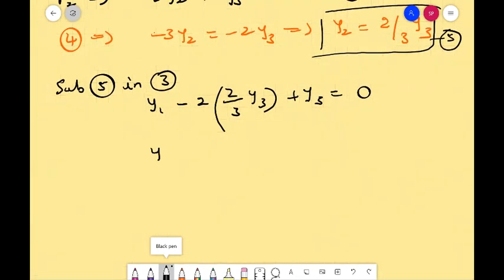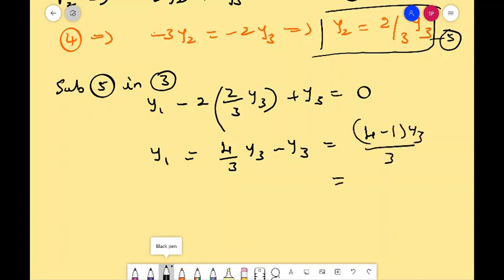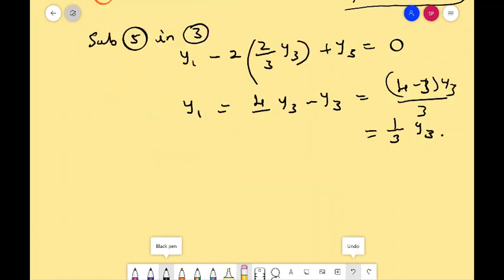Solve this: y1 is equal to 4 by 3 y3 minus y3, which is equal to (4 minus 3) y3 by 3, which implies y1 is equal to 1 by 3 y3.